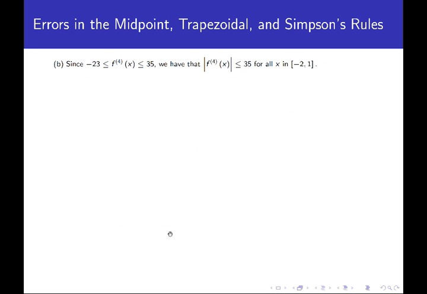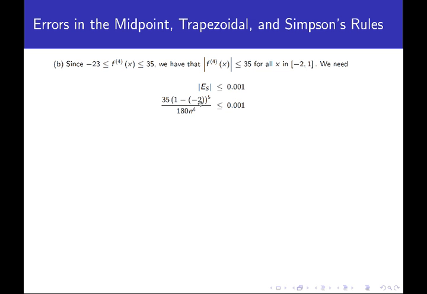All right, for Simpson's rule, if we look at the absolute value of those two numbers, 35 is the bigger of the two, so we know that the absolute value of the fourth derivative is less than or equal to 35. Now we use our error bound formula for Simpson's rule. If we want the error for Simpson's rule to be less than 0.001, then we want that error bound to be less than 0.001. 35 is that L value.